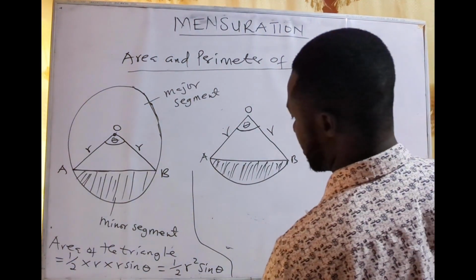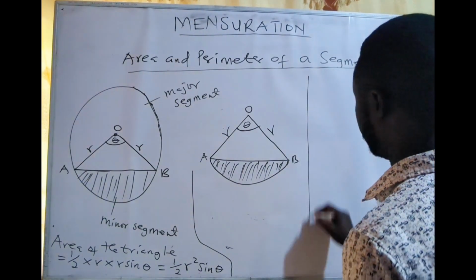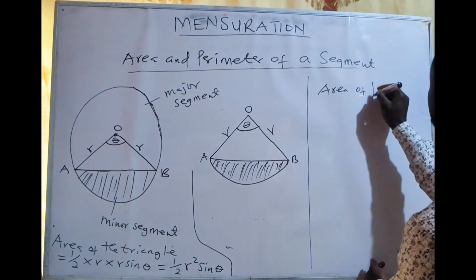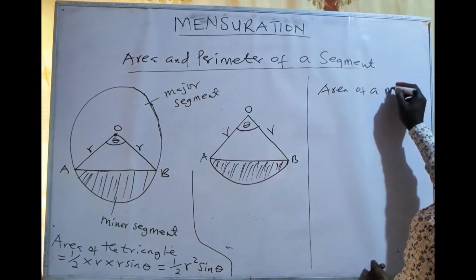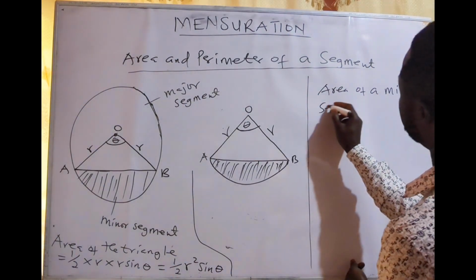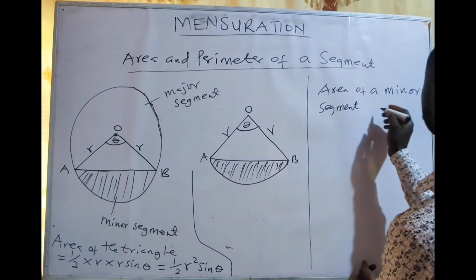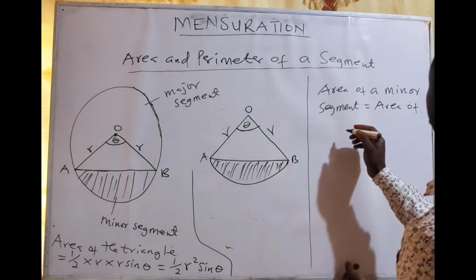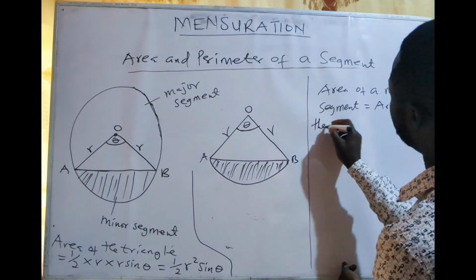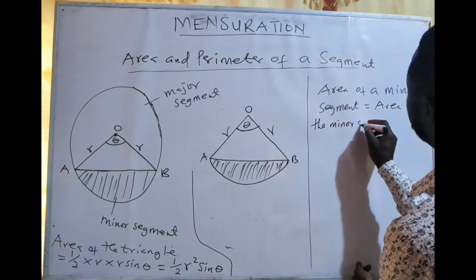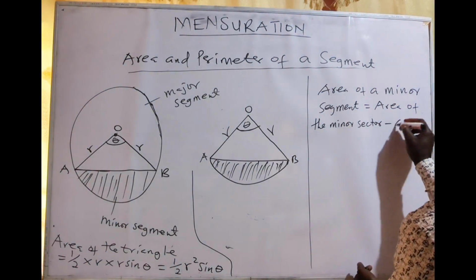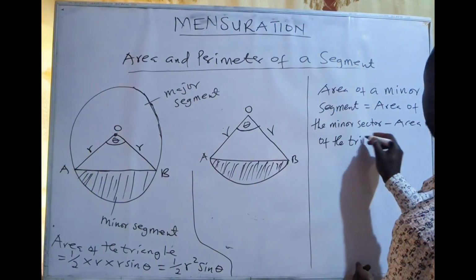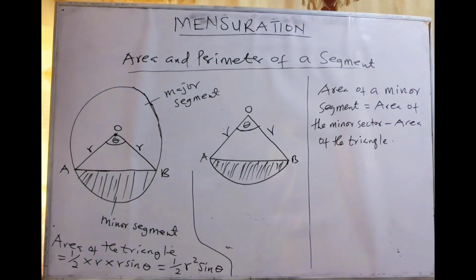We can then say that the area of a minor segment is equal to the area of the minor sector minus the area of the triangle. So this can be our conclusion.